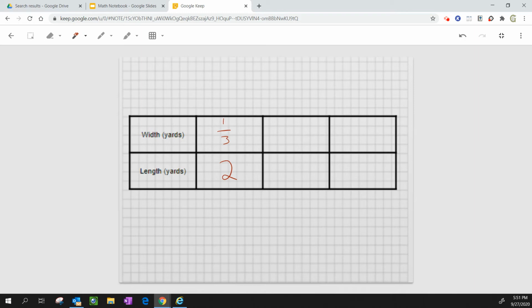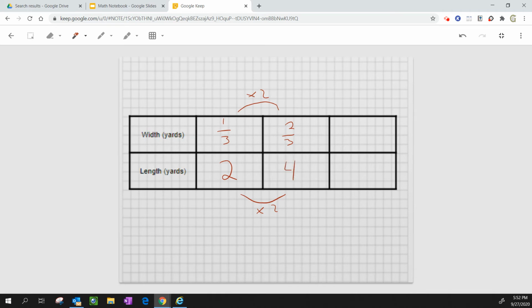So let's start with something easier and do times 2. If we do times 2 here, we have to do times 2 here. 1/3 times 2, you can press in your calculator, 1, ABC, 3 times 2, gives you 2/3. And 2 times 2 is 4.